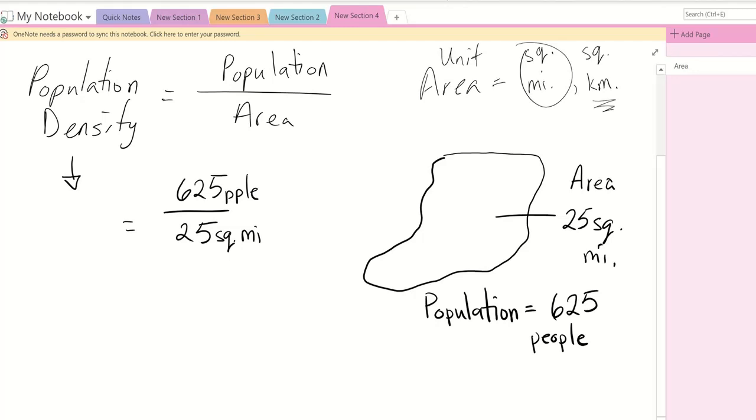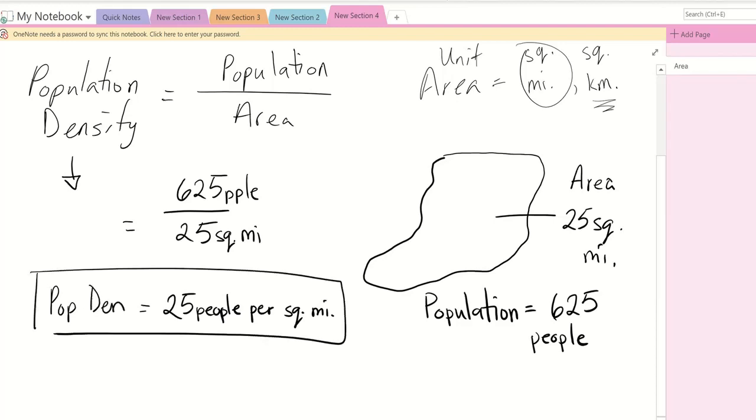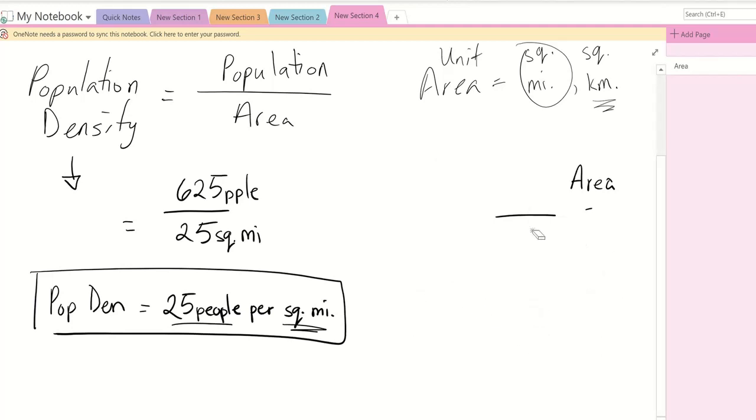Gives you 25 people per square mile. So for every square mile, that's your population density. For every square mile, there's 25 people. Now, let's delete this.